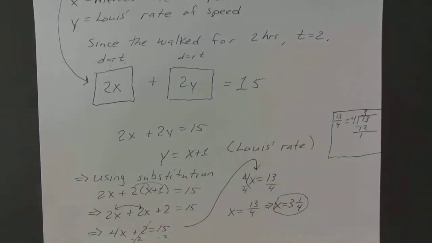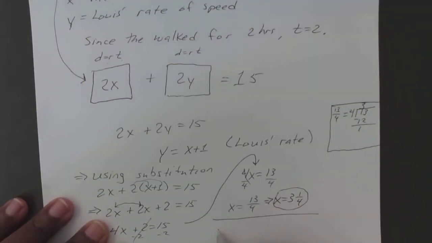Okay, so we know Alfred walked 3 1/4 miles per hour. Since Lewis walked 1 mile per hour faster, we just add 1 to what we know Alfred walked.